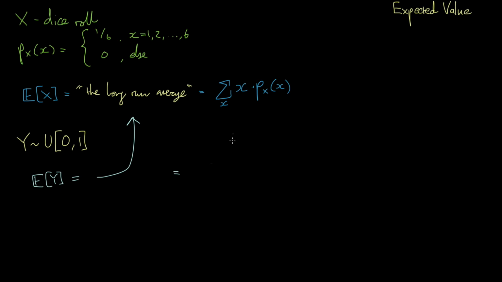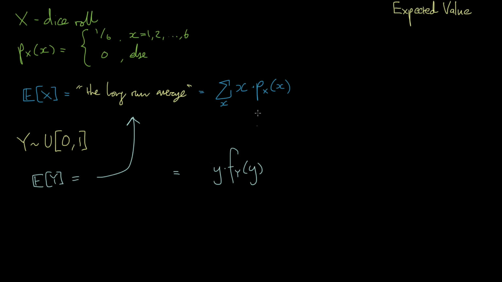However, we still have a way of summing up over all these values. So we can write out y, just like we wrote out x here. And instead of a probability mass function, we're going to use the probability density function, f_Y of y. Although this doesn't tell us the probability of getting a particular value, it measures the density of probability at a particular point.